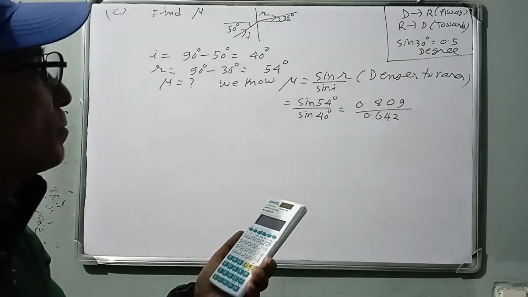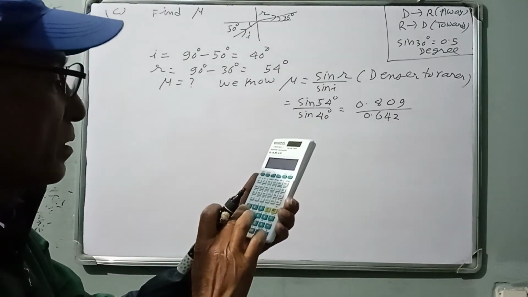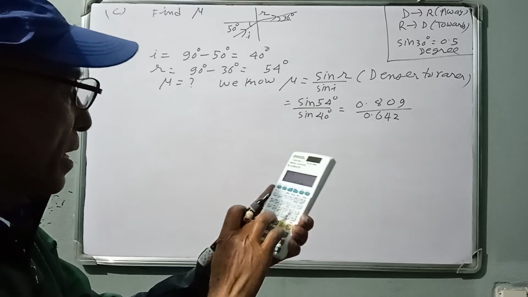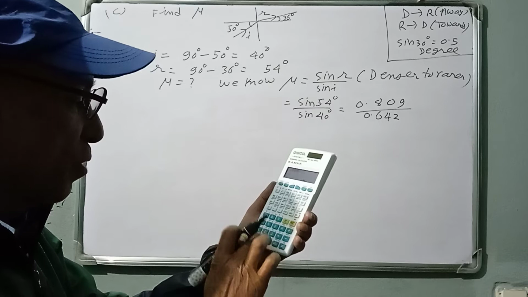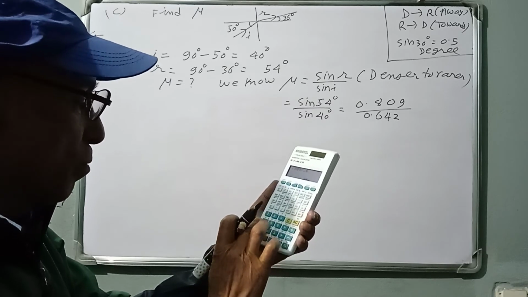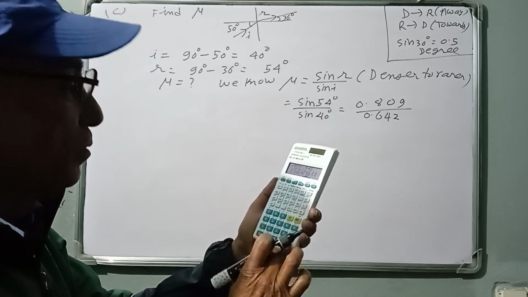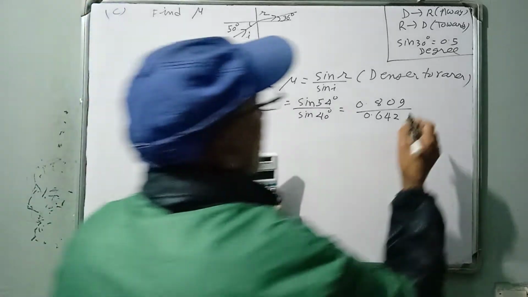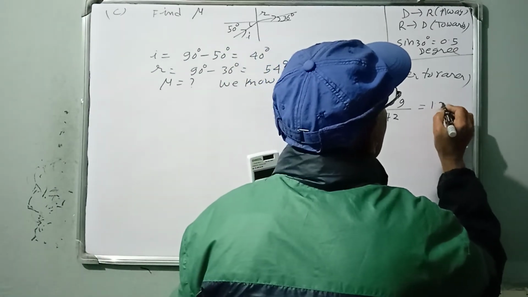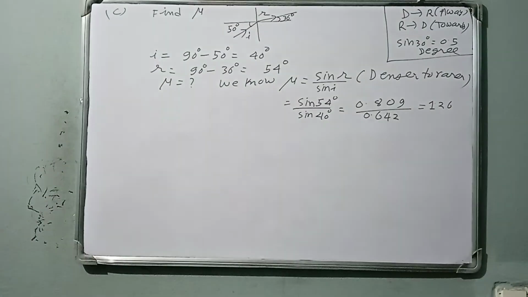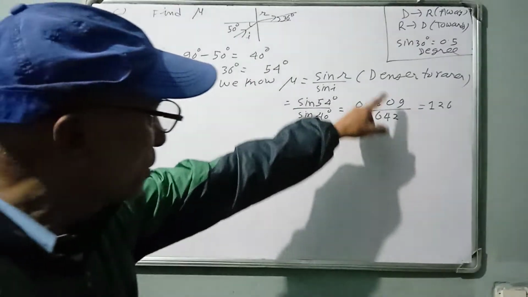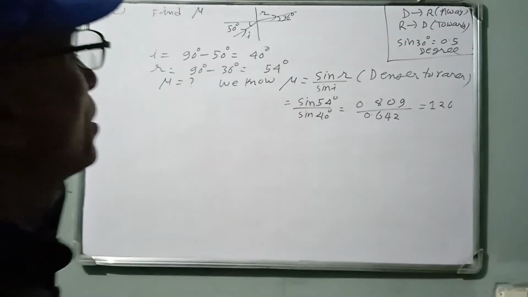Now, let me divide 0.809 divided by 0.642, 1.26. That is 1.26. Or nearly, you can also write 1.3 nearly, because these values are not 100% accurate.